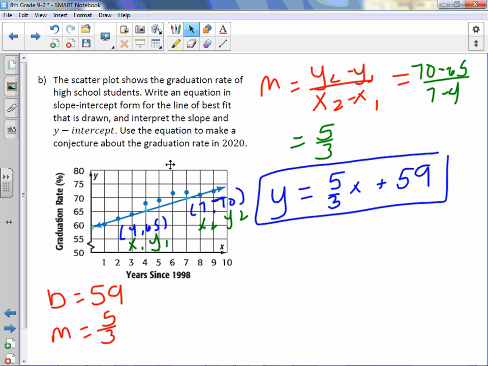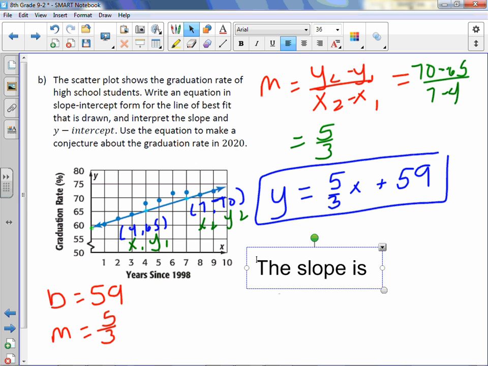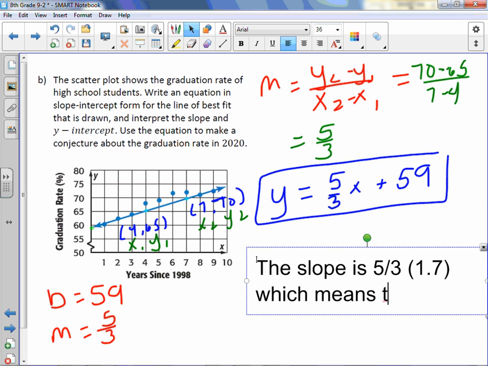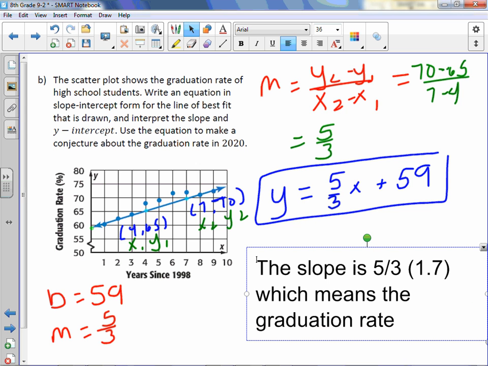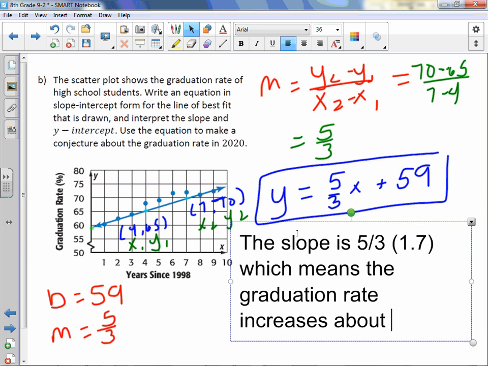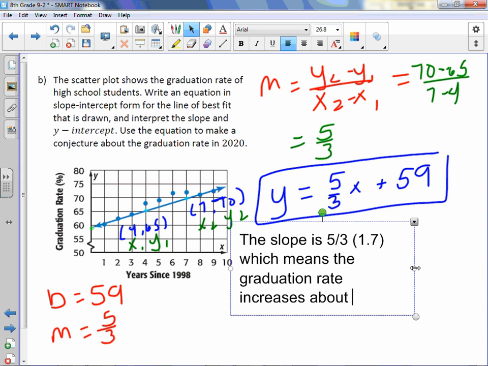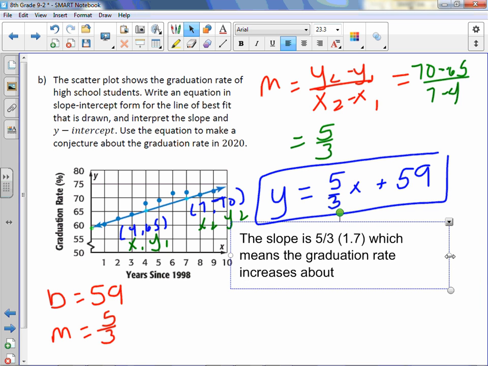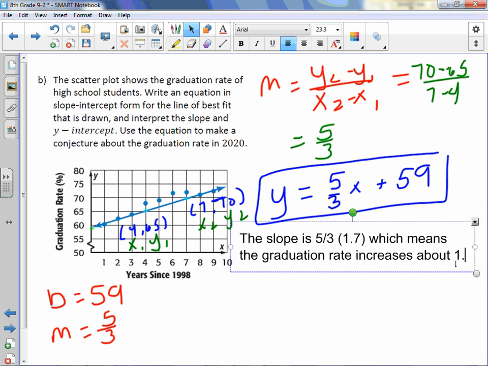So now let's interpret the slope and y-intercept. The slope is 5/3, which is about 1.7 if we divided it out, which means the graduation rate increases about 1.7% each year.